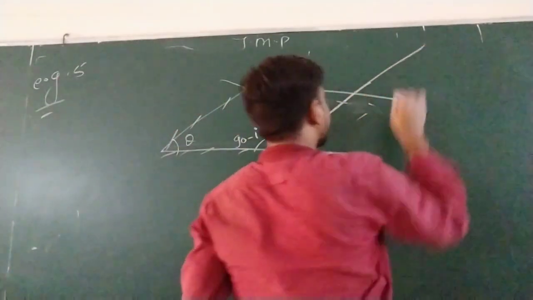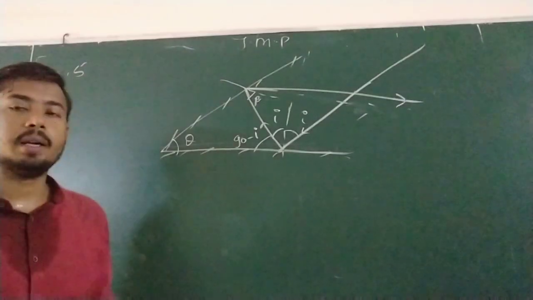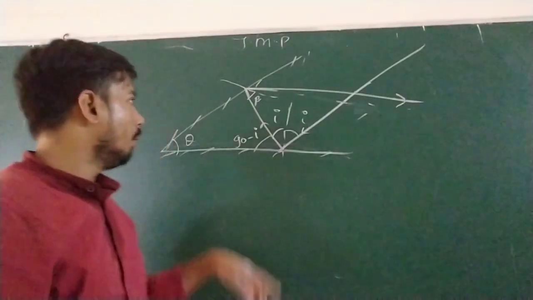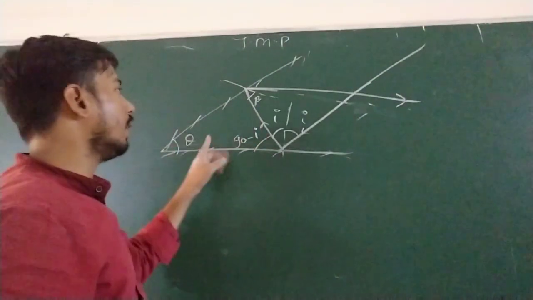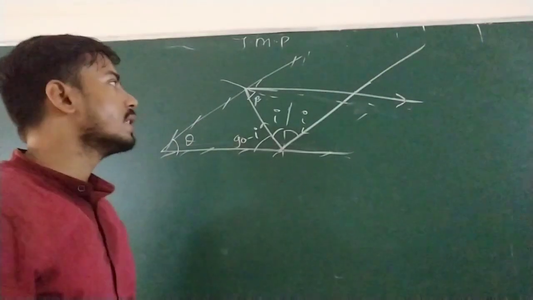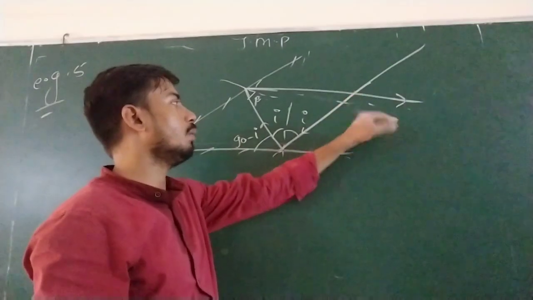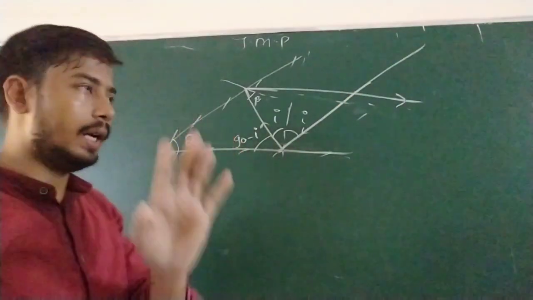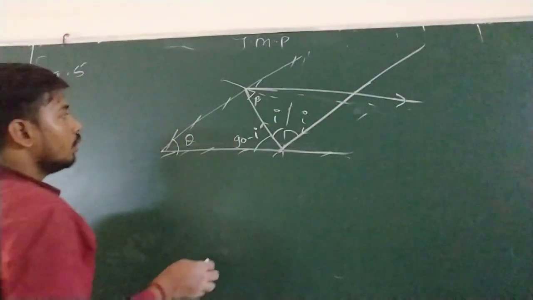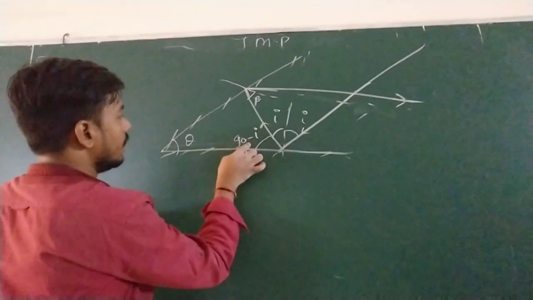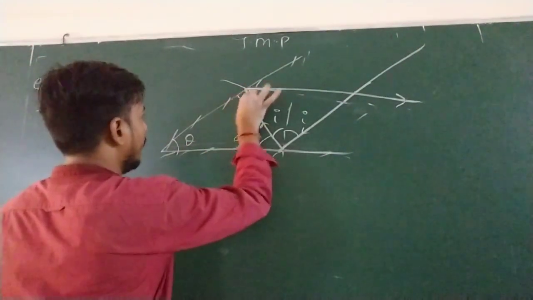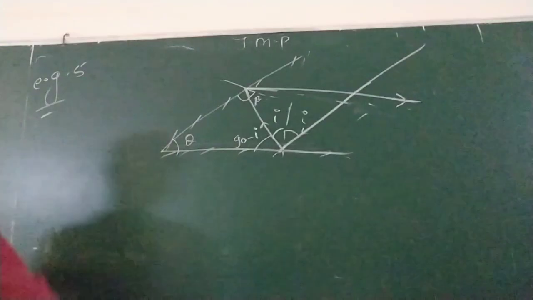Basically, this question can be handled by two methods. First, by addition of all three angles, and second, by simply using the concept of deviation. One by one, we will handle here.